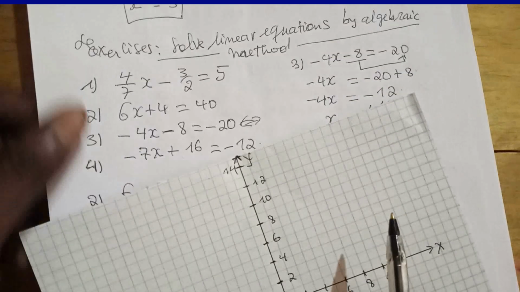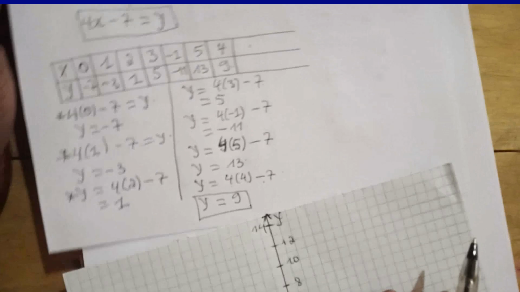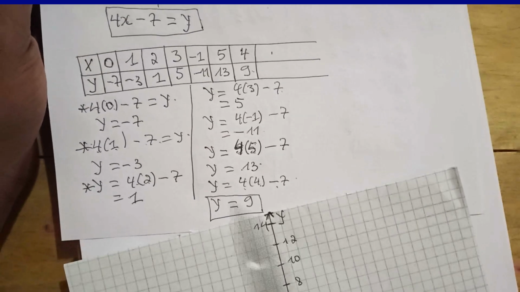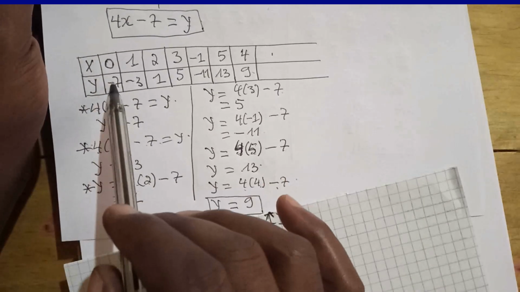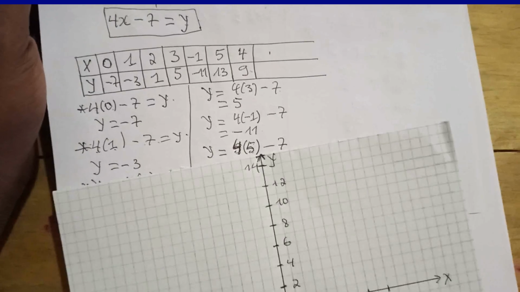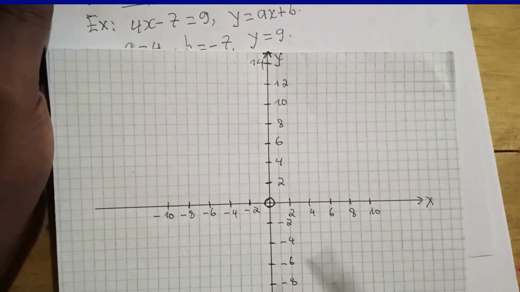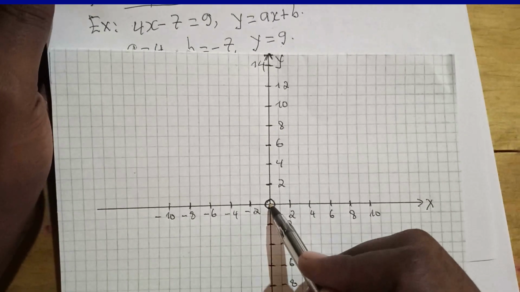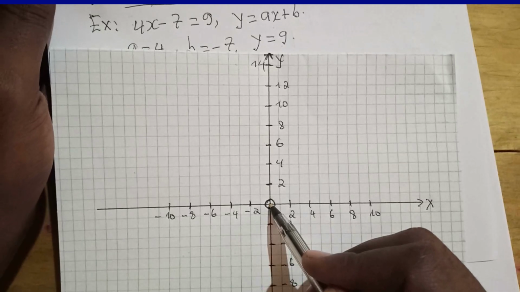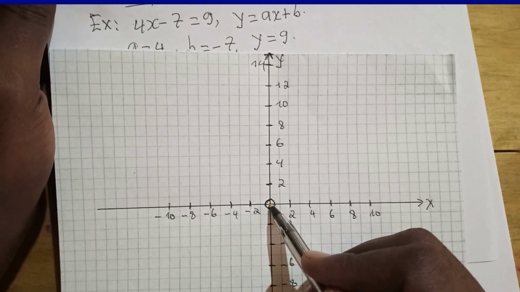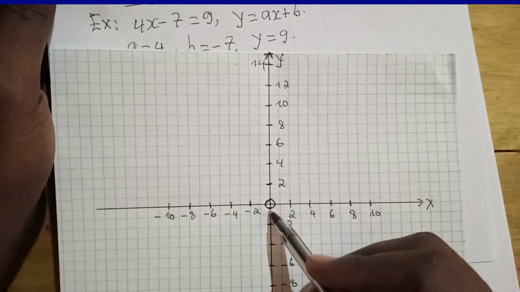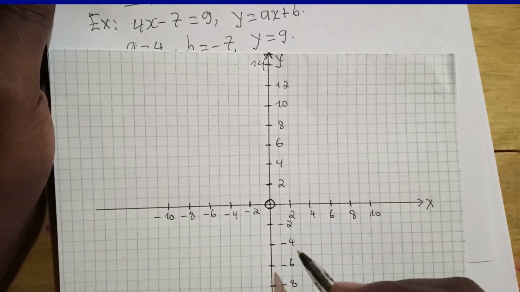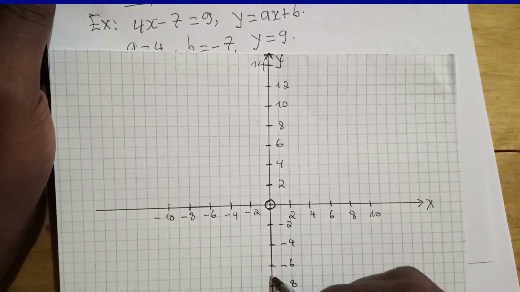So let us put our coordinates on our Cartesian plan. The first point is 0 for x and -7 for y. 0 for x, 0 is this one. Then we are going to search for -7. Where is -7? -7 is on the y-axis, at this location.